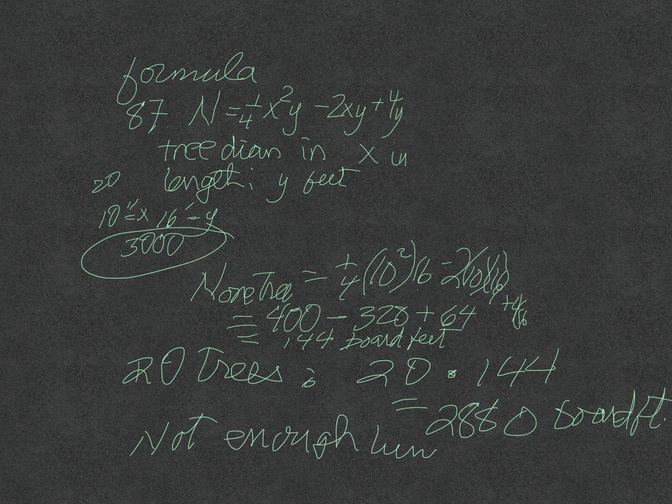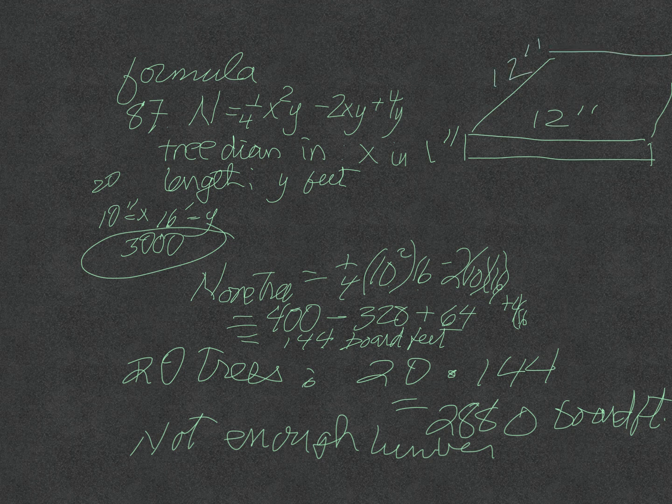Now, what's a board foot? Just so you know, a board foot is a 1 inch thick piece of wood. It's 1 inch thick, 1 foot wide, and I believe it's 12 inches long as well. And that's what's considered a board foot.